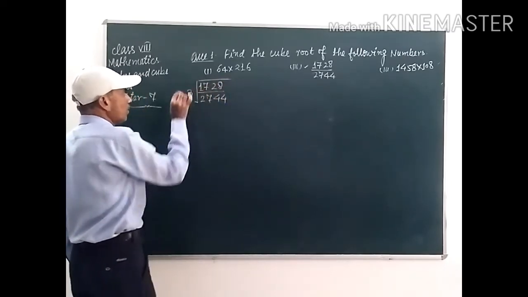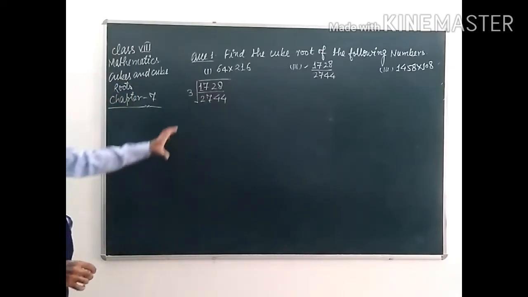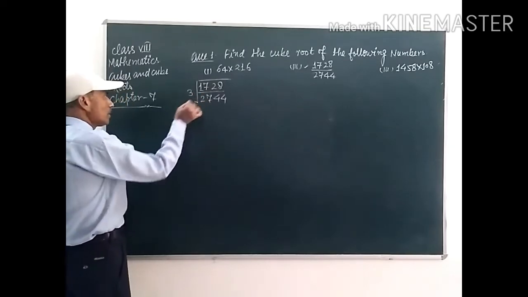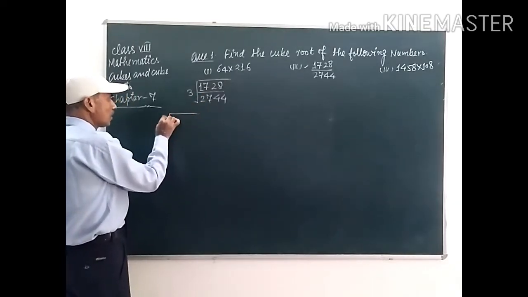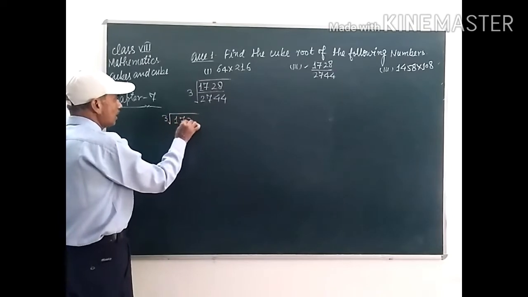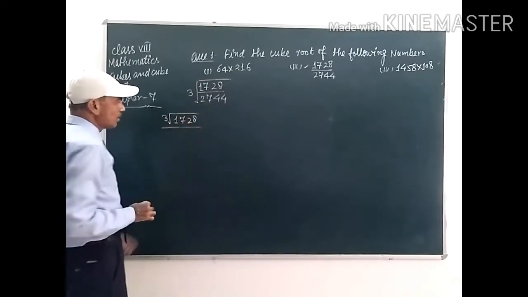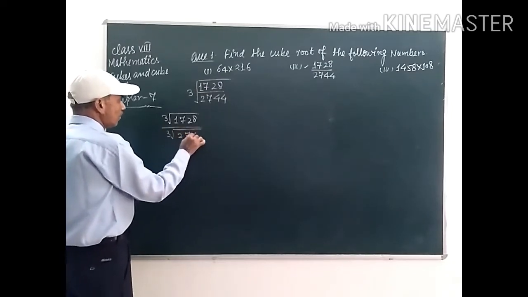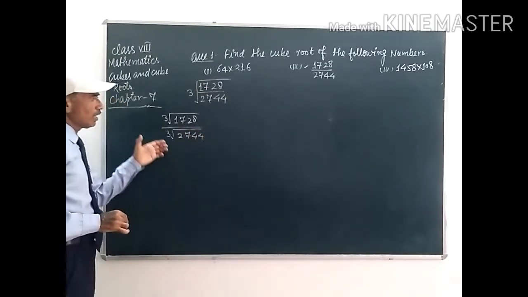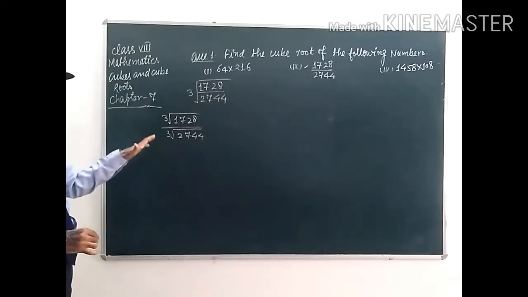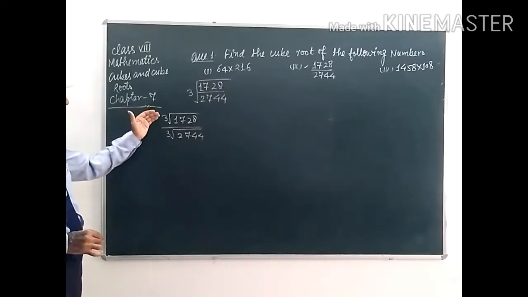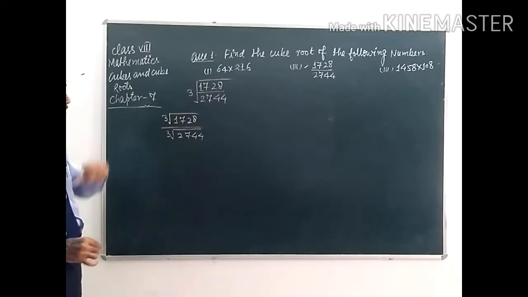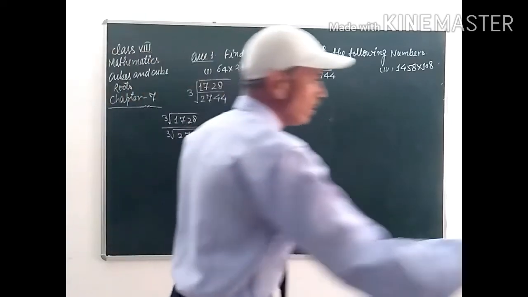We can find the cube root of this number by first finding the cube root of 1728, and after that the cube root of 2744. You can adopt this method. First of all, you have to find the cube root of the numerator. After that you will find the cube root of the denominator, or you can do it directly.